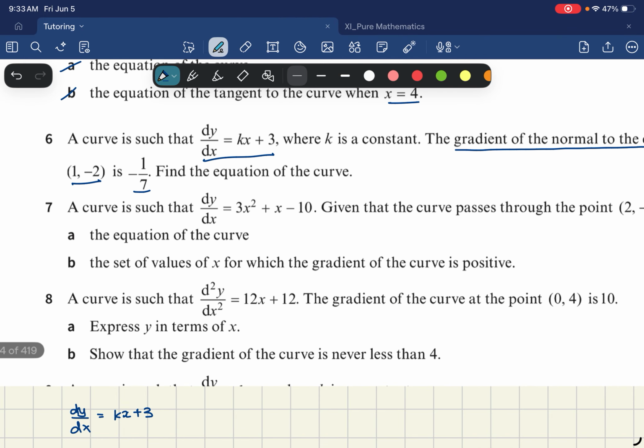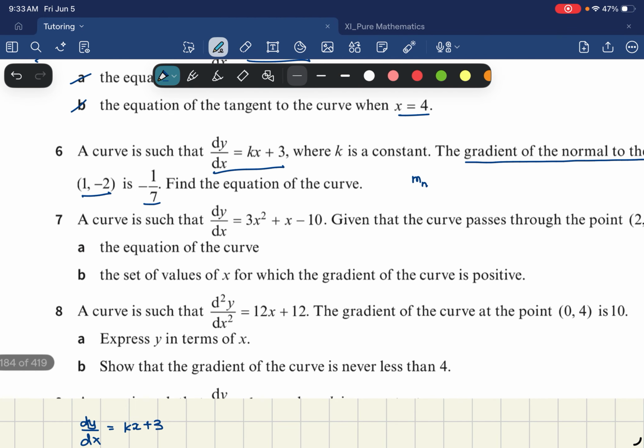The normal and the tangent are perpendicular to each other, so the product of their gradients must be negative 1. So the gradient of the normal is negative 1 over 7, times the gradient of the tangent is negative 1. The negatives cancel out and you get the slope of the tangent is just positive 7. Once you do this, question 6 just becomes question 5.